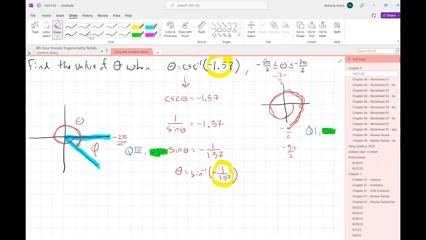So 2 pi doesn't get me all the way to theta, right? After negative 2 pi, I have to go negative phi more, right? So theta is negative 2 pi minus phi, right? Because from here to here, that's negative 2 pi, and I gotta go negative phi more. Everybody agree with that to get to theta?